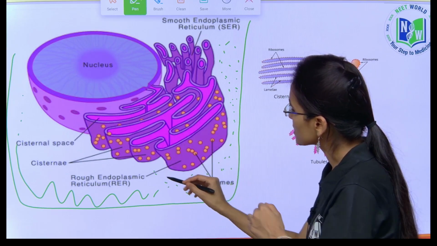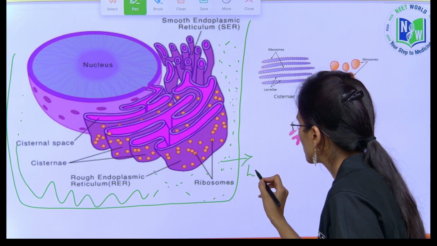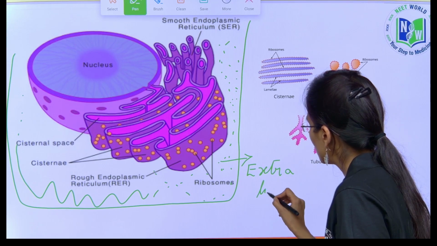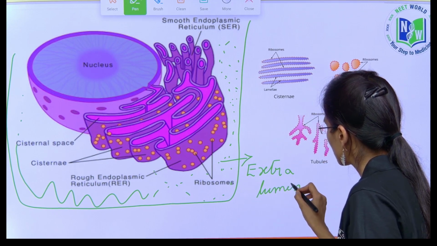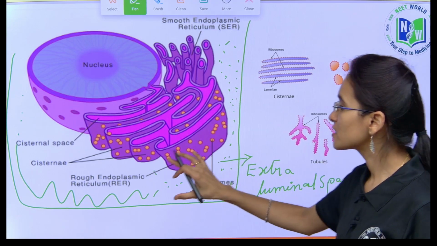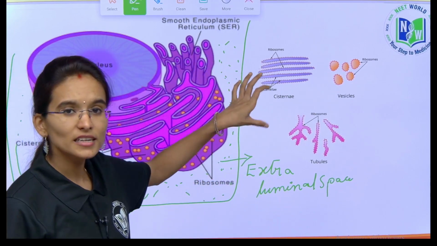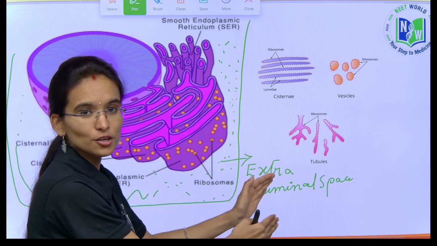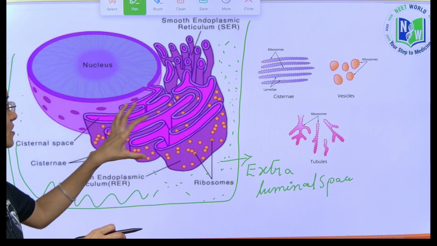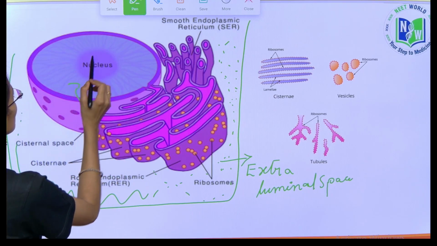The fluid present outside the endoplasmic reticulum is called the extraluminal space. The extraluminal space contains the cytoplasm outside the endoplasmic reticulum, and the space present inside the reticulum is called the lumen. Can you see this? This is called the lumen.